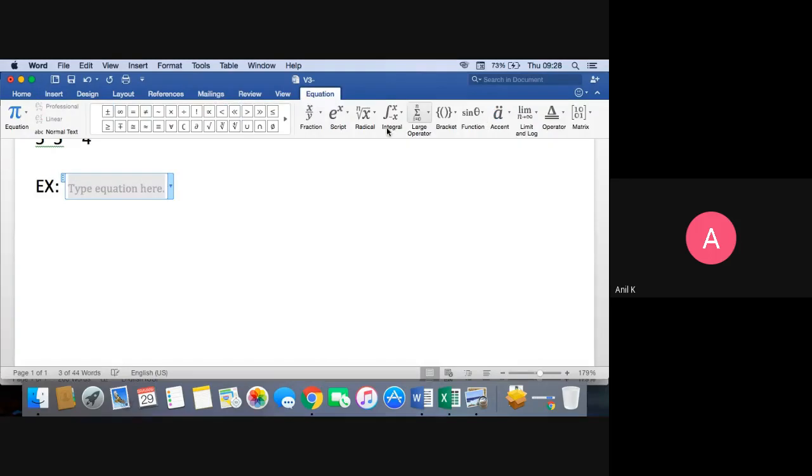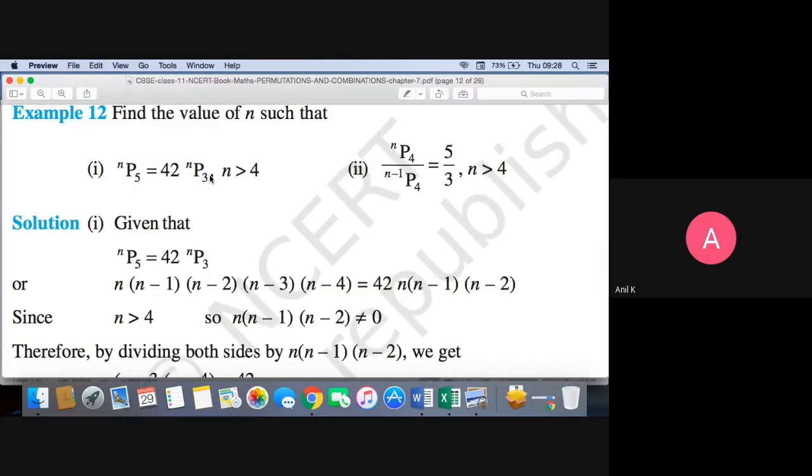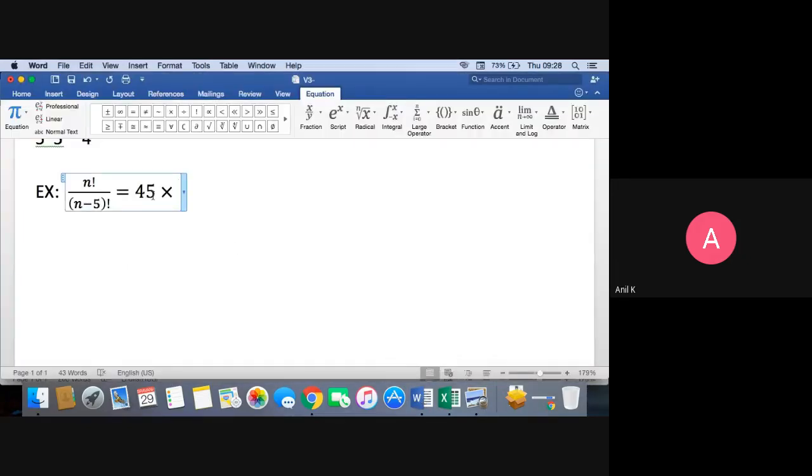According to the formula we have n factorial upon n minus 5 factorial, which is equal to 42 into nP3.